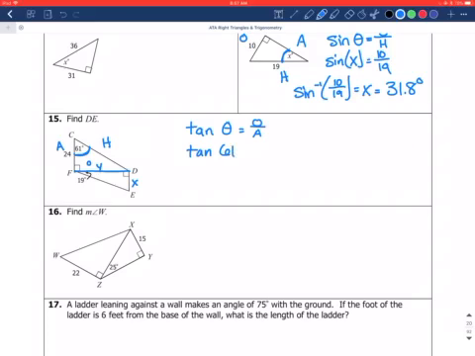So the tangent of 61 degrees will equal opposite, which is y, divided by 24. So how do we solve for this? We just multiply by 24 to both sides. And y will be 43.3.